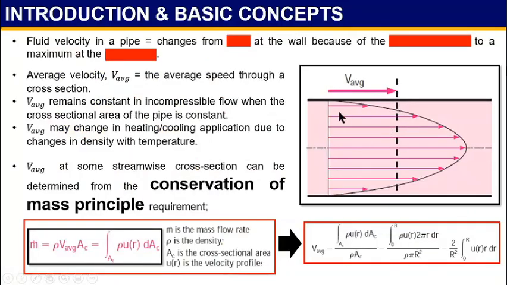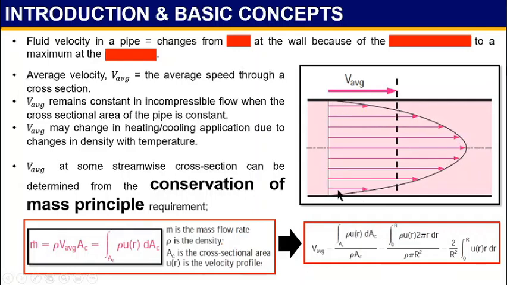Alright, so now let's see a flow within a pipe. Here we have, for example, a circular pipe, and the fluid is transported within this pipe with an average velocity. We have a velocity profile here.